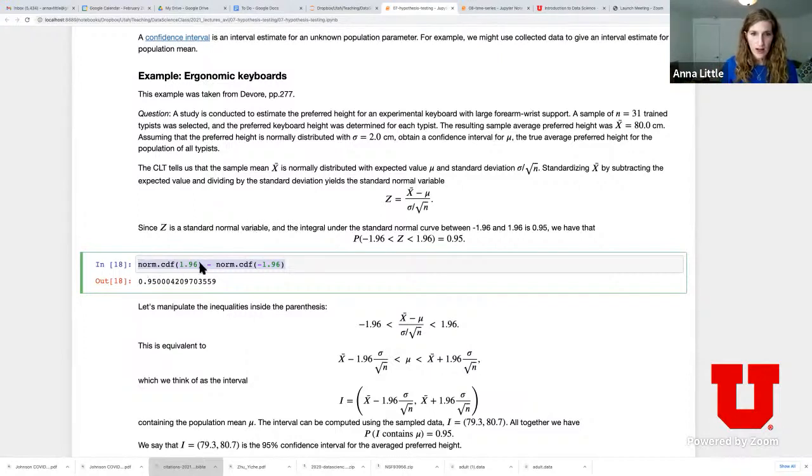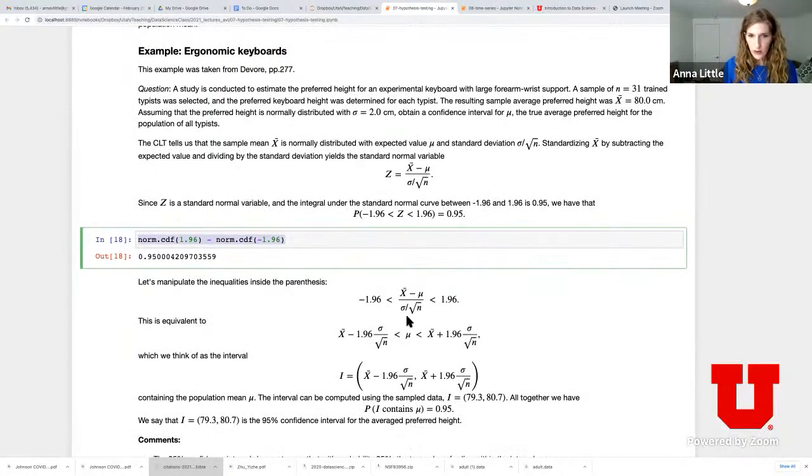Okay, so what we see here in this calculation is that if z is a standard normal random variable, then the probability that it's between minus 1.96 and 1.96 is 0.95. So let's take this standardized value of the sample mean, and let's restrict it to be between minus 1.96 and 1.96.